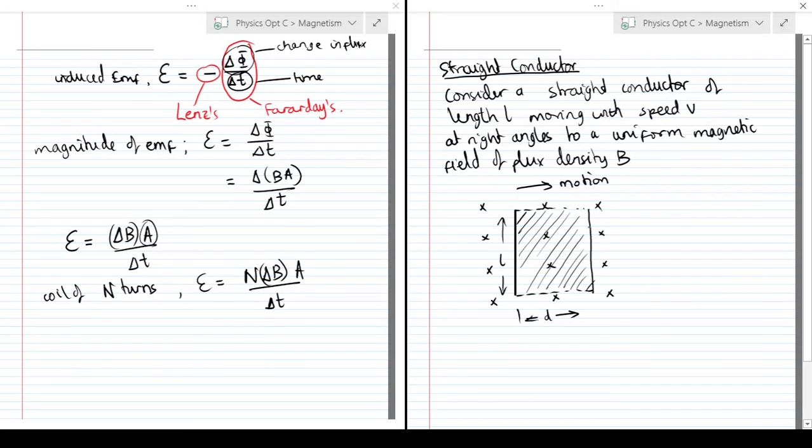So once you cut field lines, you know immediately that flux linkage is changing with time, right? So the flux linking it changes with time.